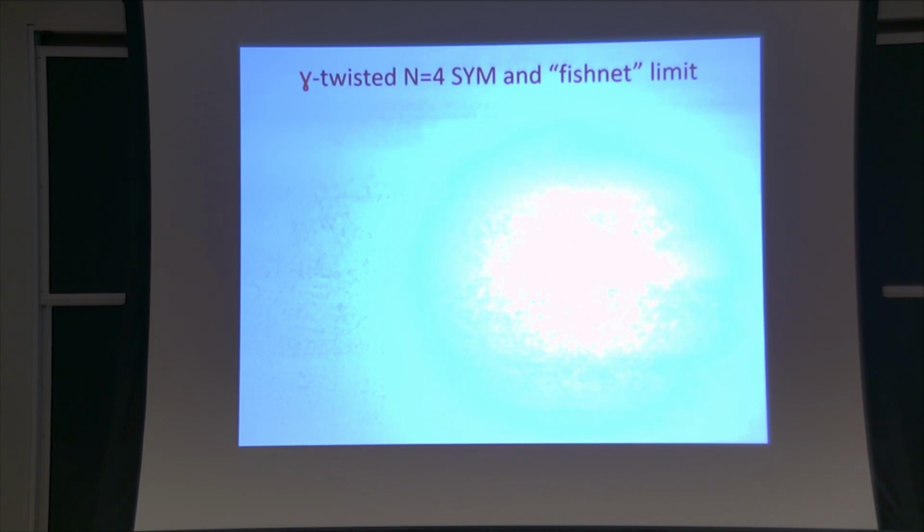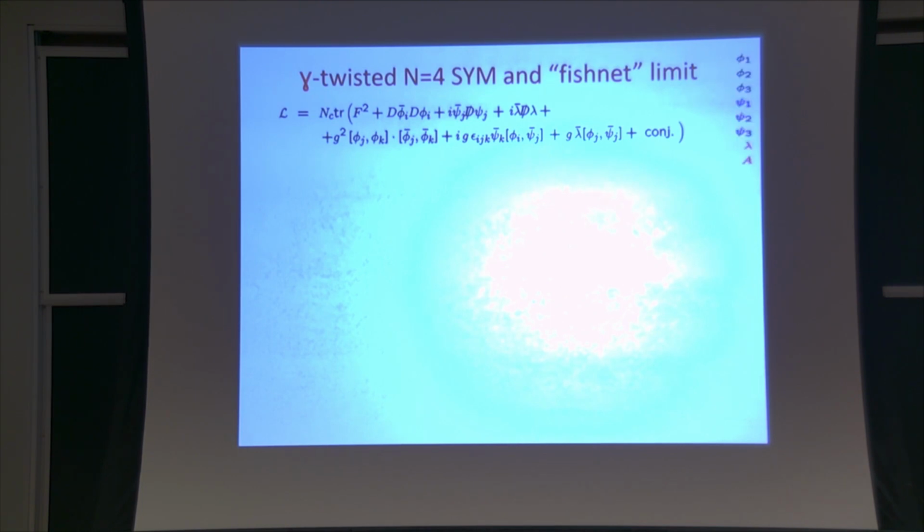And now, what is gamma-twisted super Yang-Mills? I remind quickly. Here is the usual Yang-Mills with 3 complex scalars, 3 complex fermions, gluons, gauge fields, gauginos. And you see a bunch of commutators here, of course, in the interaction terms. Then gamma twisting is essentially a sort of star product. In each such term, the various matrix fields come in different orders.